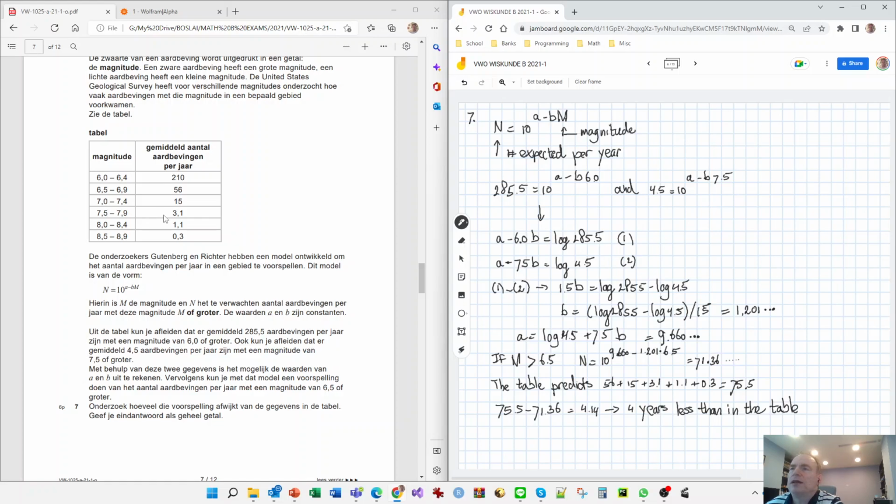So 7.5 and bigger, so 3.1 plus 1.1 plus 0.3 is 4.5. Then they say you can use these to find values of A and B. Well, and all these numbers should add up to 285.5, right? That's 6 or larger.